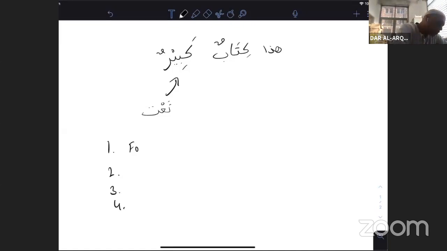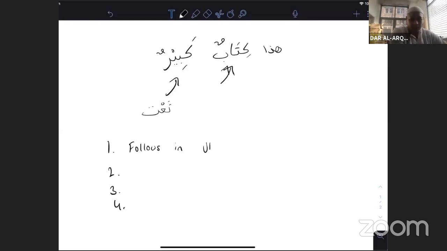So essentially, the first one is, it follows in al. What do I mean by follows in al? If kitab, in our example, has al, therefore the adjective has to have al. If kitab does not have al, therefore the adjective cannot have al for it to be an adjective.